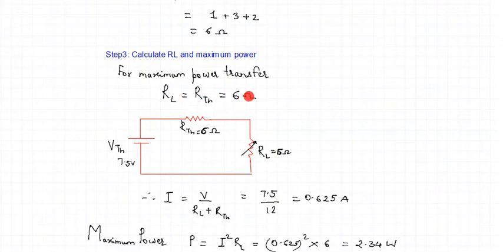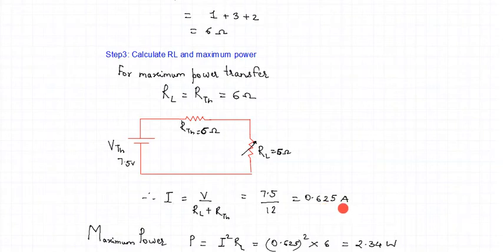With RL 6 ohm, the remaining network replaced by the voltage source and the equivalent resistance of the network, we get a circuit as shown here, through which we can calculate the current. So current I through this modified network is nothing but voltage divided by the net resistance, which is 6 ohm plus 6 ohms. So we get the current to be 0.625 amperes.